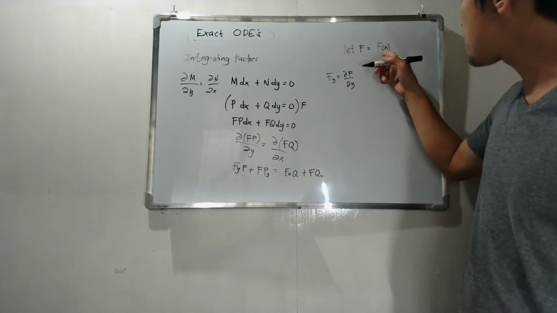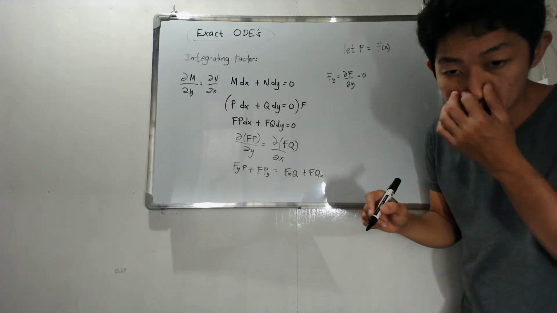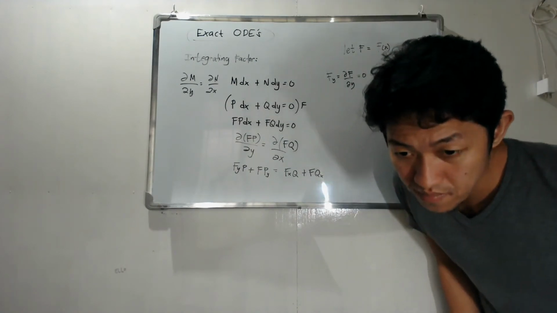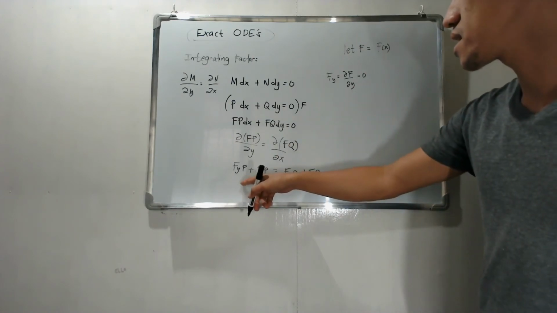But since your f is a function of x only, this becomes 0. So this simplifies now.